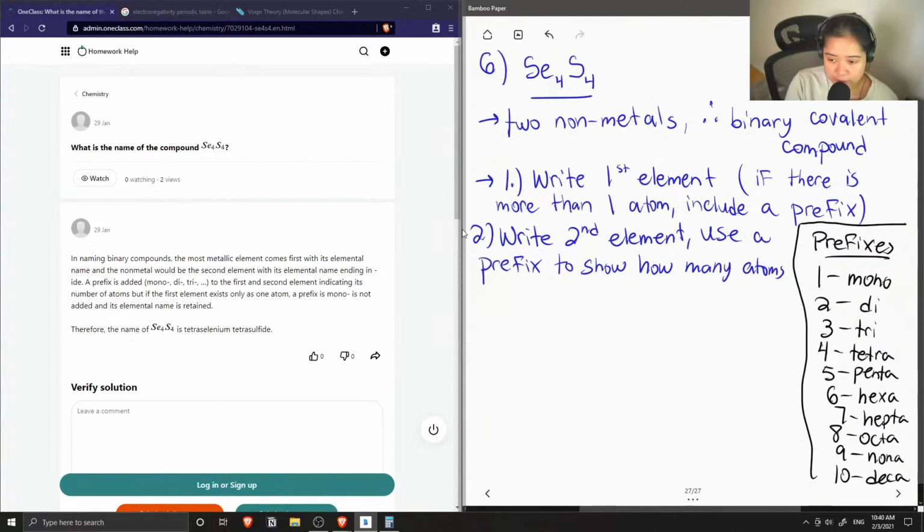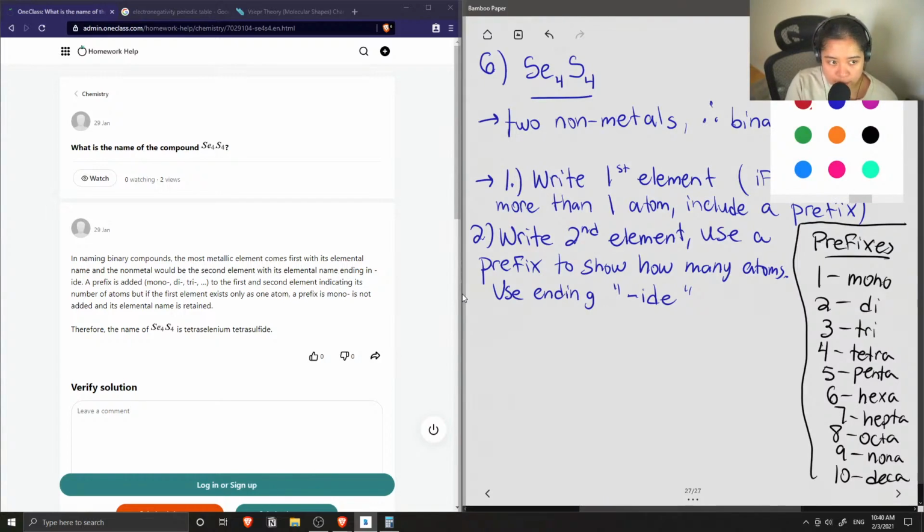And also when writing the second element, we would use the ending "ide" when writing out the name.